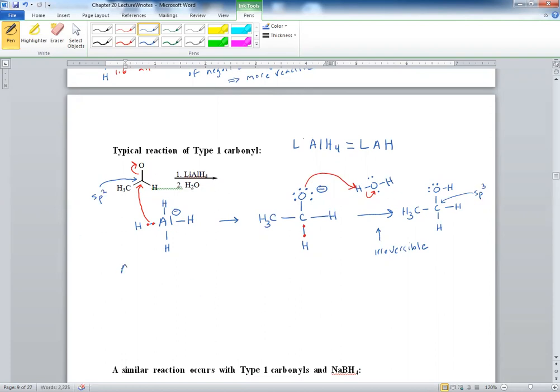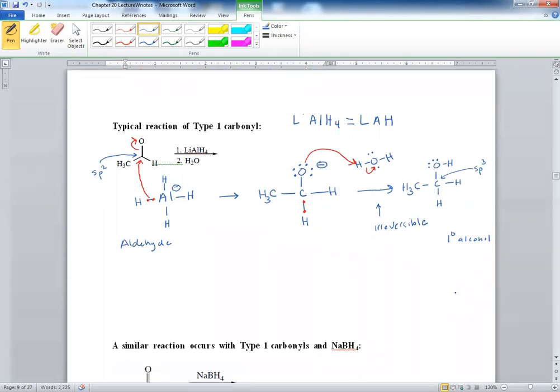So you started with an aldehyde and you ended up with an alcohol. In this case, it's a primary alcohol. So even this one is also irreversible. It's simply waiting for it to be protonated.